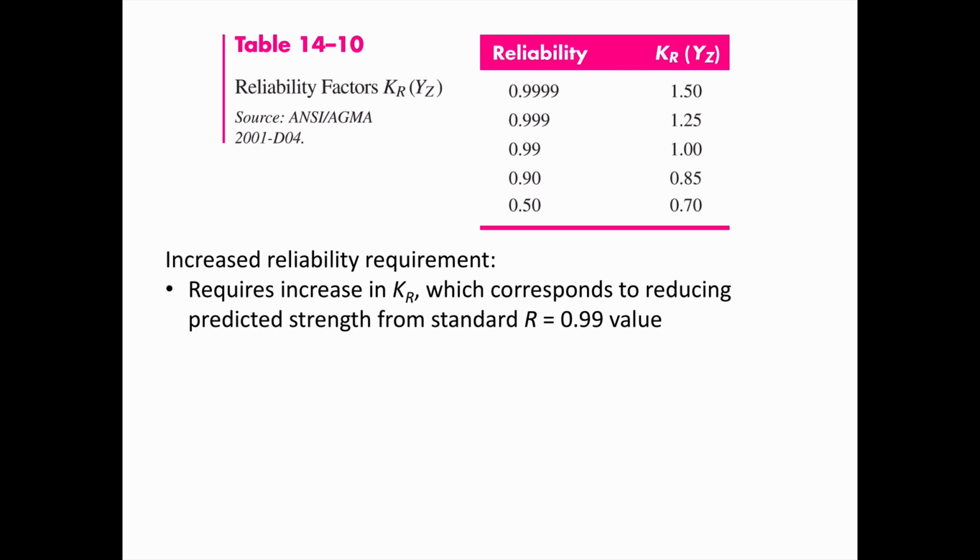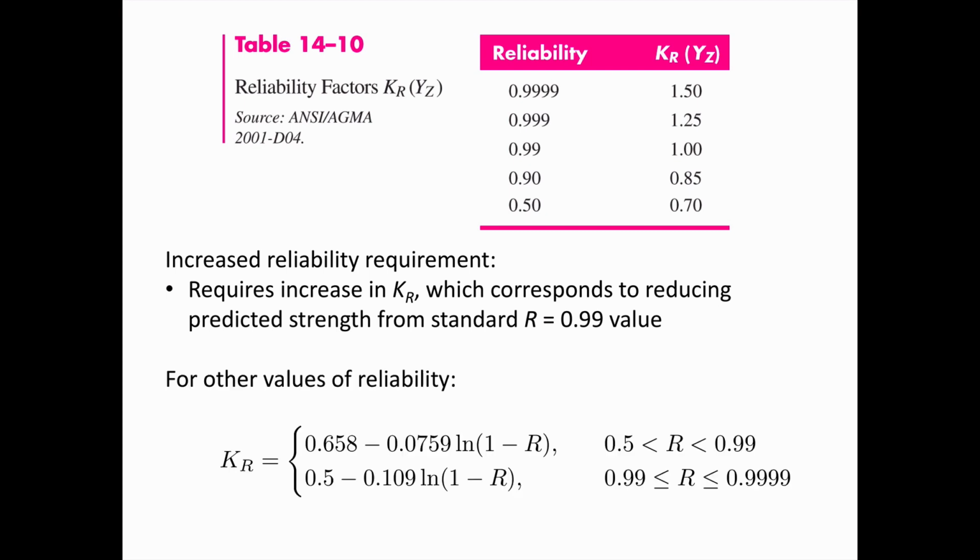Before I get to that, I just want to point out, it should be intuitive that if we want to increase the reliability requirement beyond 99%, that means we're going to have to increase K sub R, which will correspond then to reducing the predicted strength from the 99% reliability value.